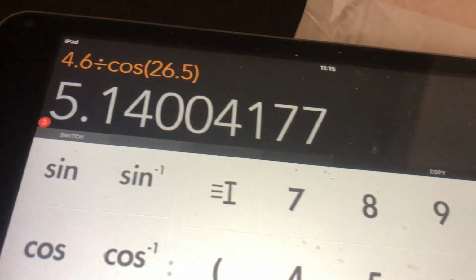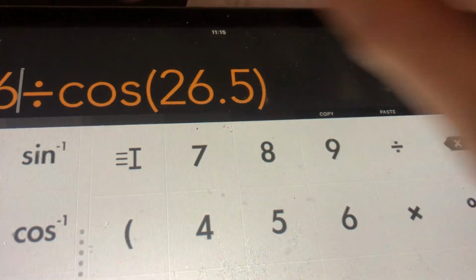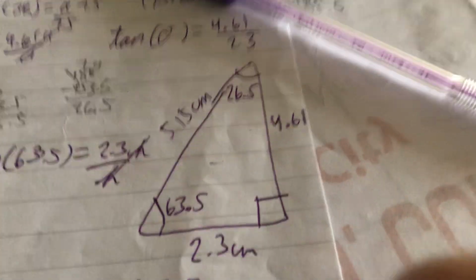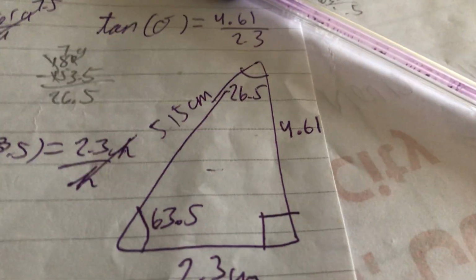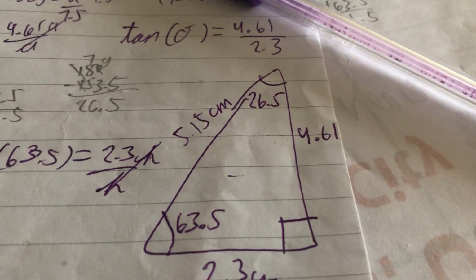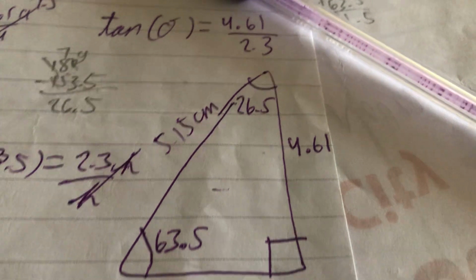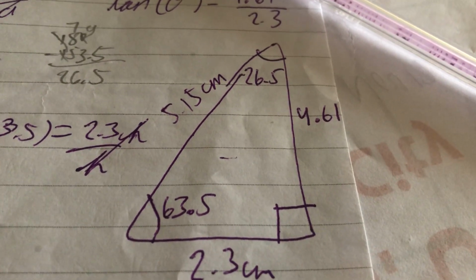Yeah, it's 5.14. Pero lapit na. If I were to add 1, mas accurate pa rin yung sagot. Kaya that's why nga, you cannot round it off. Kung mag-round off ka, you will get different answers. Kaya keep your answer exact if ever.